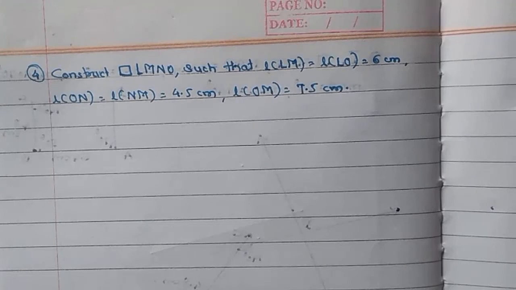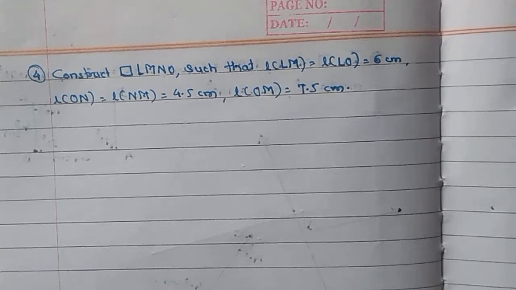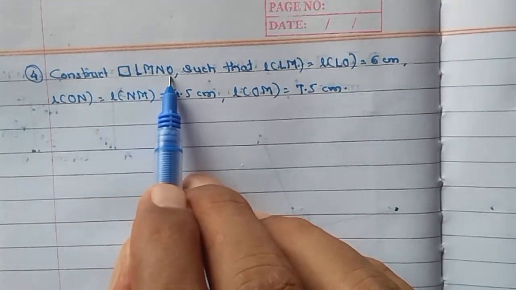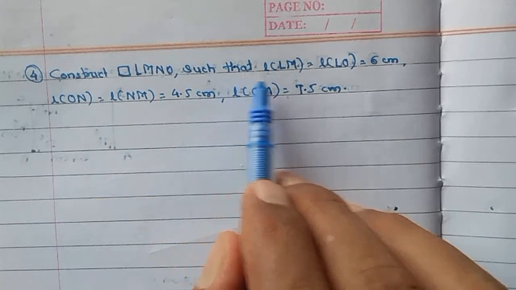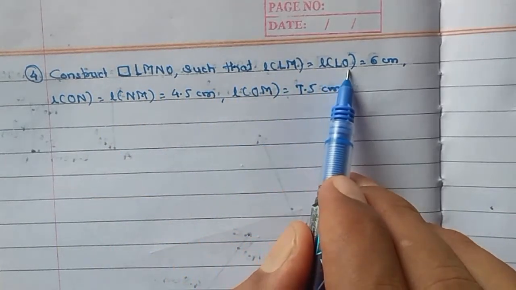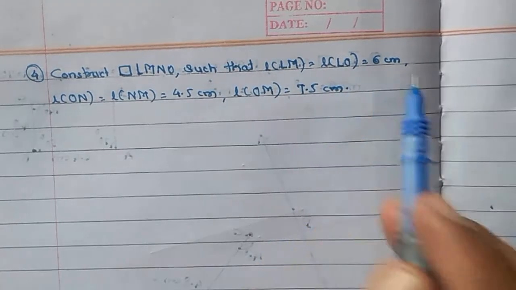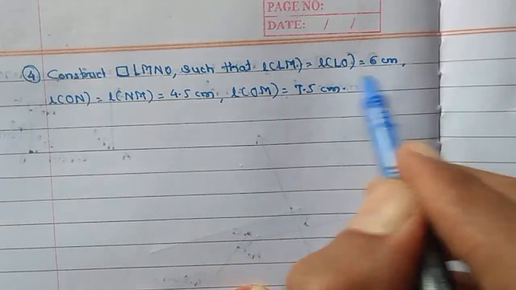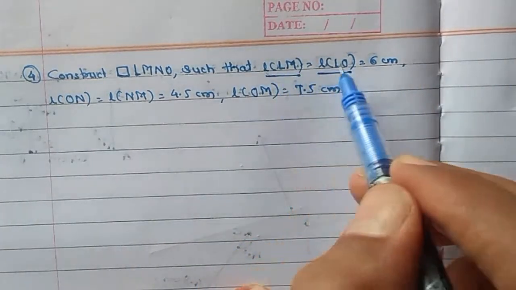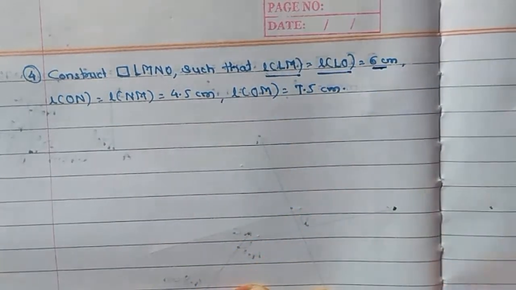Let us move to example number 4, the last example of this practice set number 8.1. Construct quadrilateral LMNO such that length of LM is equal to length of LO is equal to 6 centimeter. What does it mean? It means the length of LM and length of LO, both these sides, are 6 centimeter.